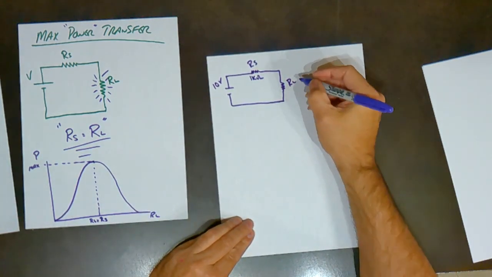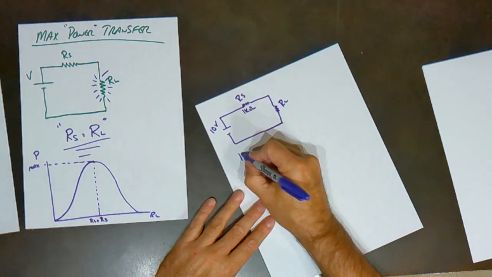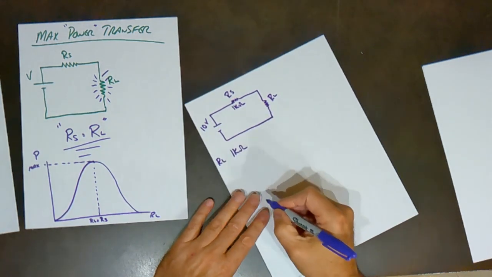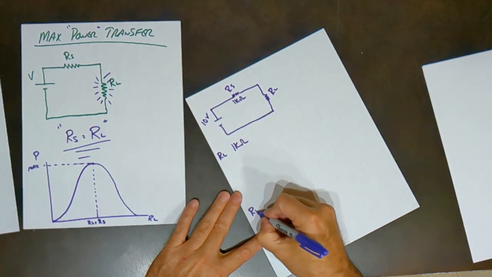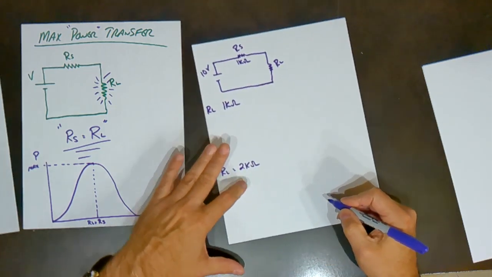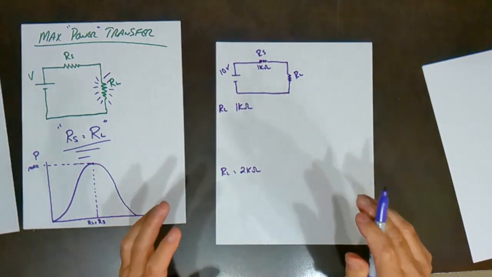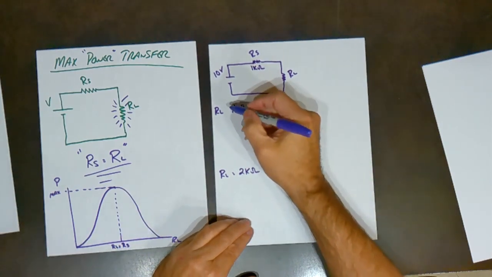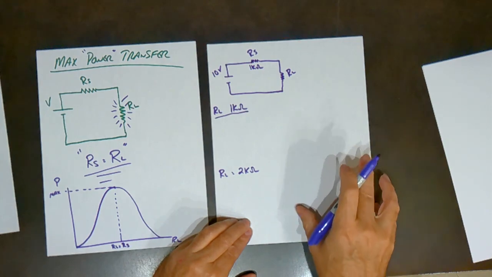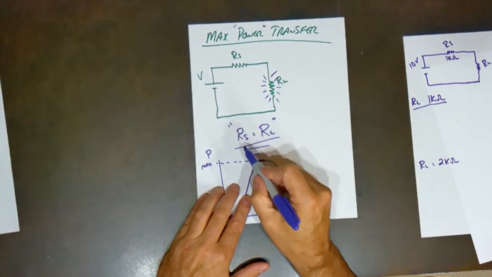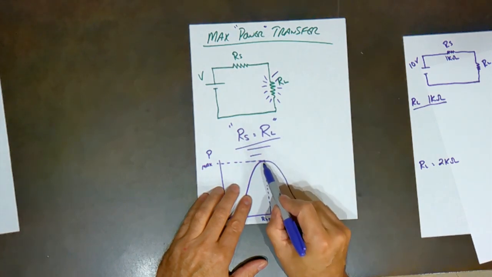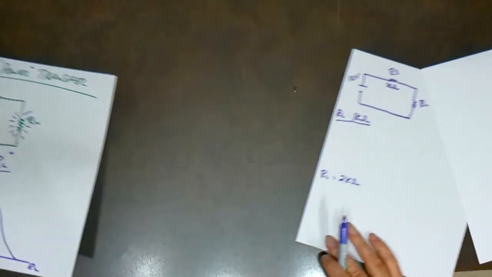And let's say the loads we have 1 kilo ohm load, and we also have RL is equal to 2 kilo ohms. And if the question said, prove mathematically that this happens at maximum power transfer, basically, we're trying to prove mathematically that when RL equals RS, it's the highest amount of power.